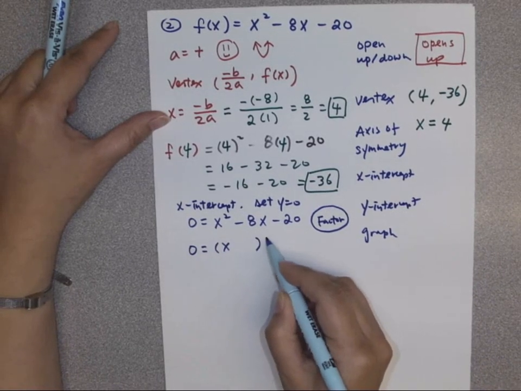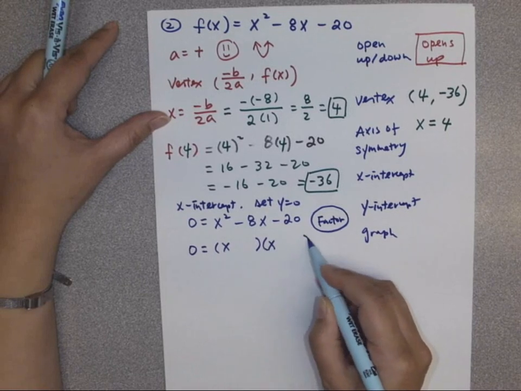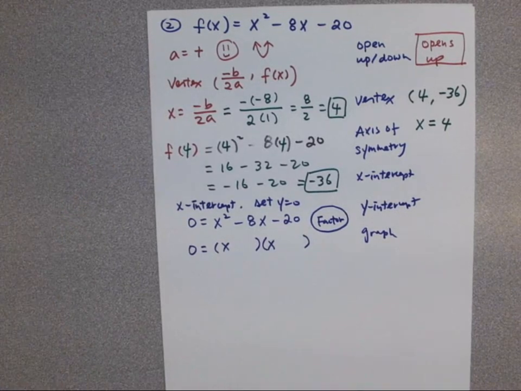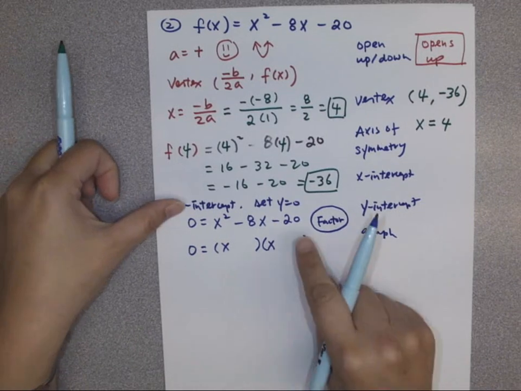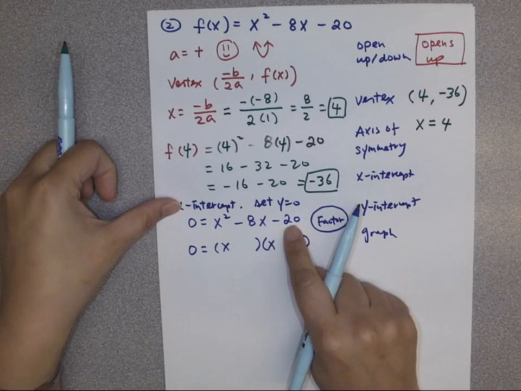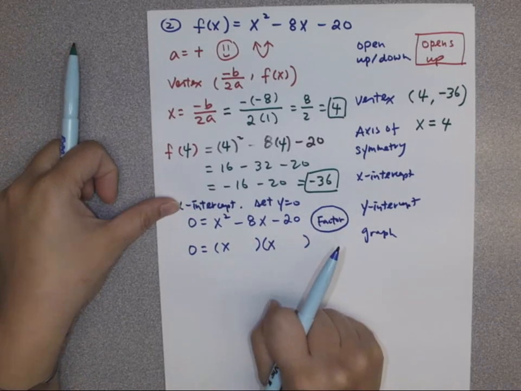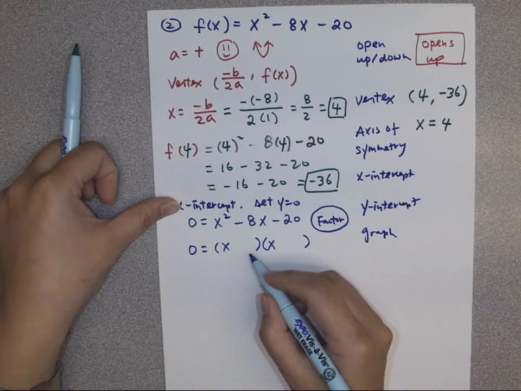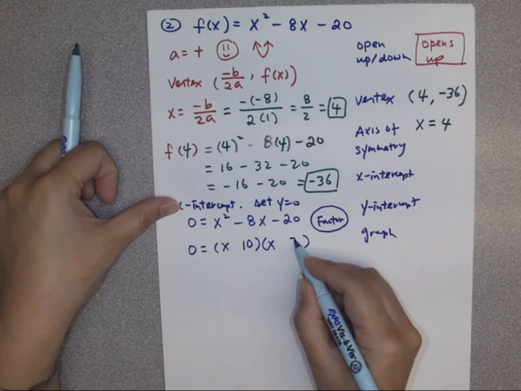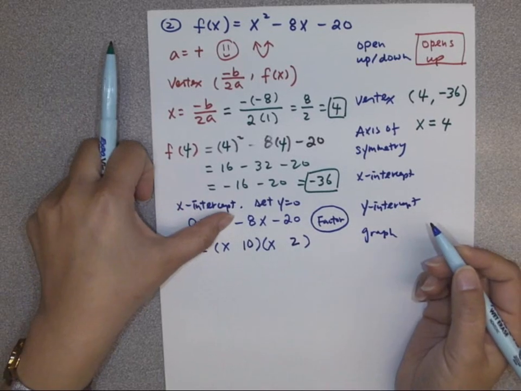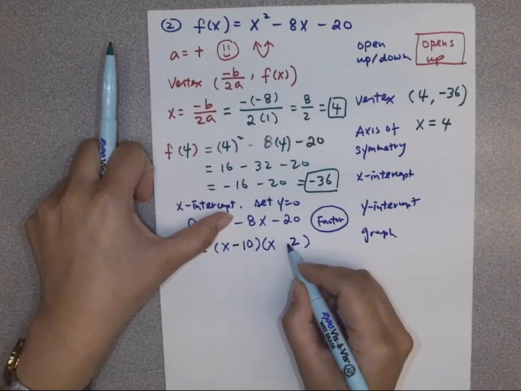So you can use the AC method, and you can stop the video and try to factor this and check the answer with us. Or I can think of two numbers multiplied to 20, where the difference between them is 8. Maybe 10 times 2, and it looks like the bigger number is negative.